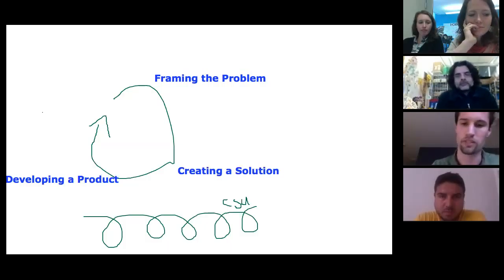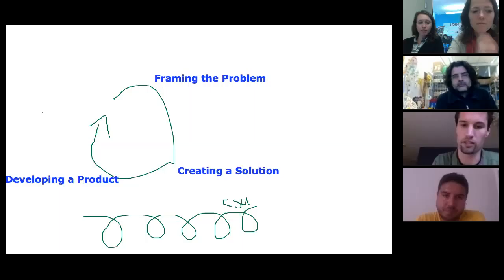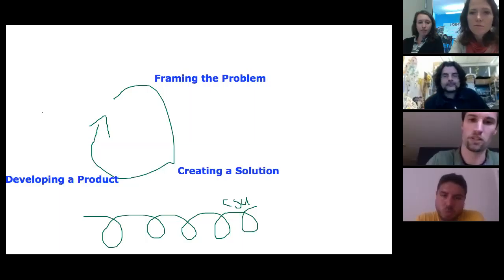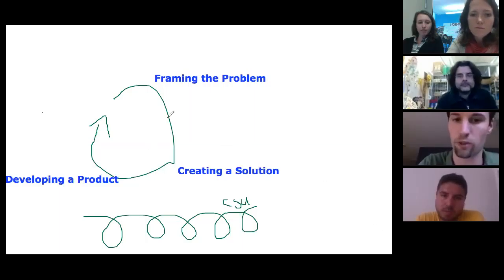But the summits that are very focused on developing prototypes that are about design, product design. So just that kind of first loop. So framing the problem and developing a prototype and maybe testing.